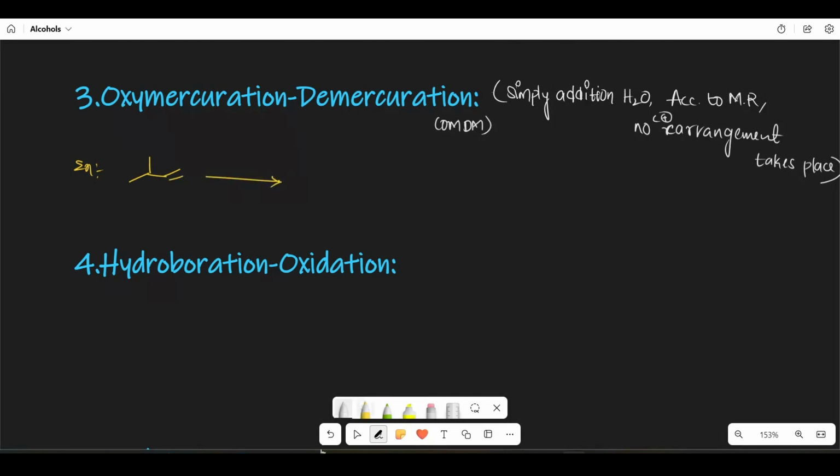The reagent is HgCl2, H2O, and NaBH4 in the presence of basic medium.